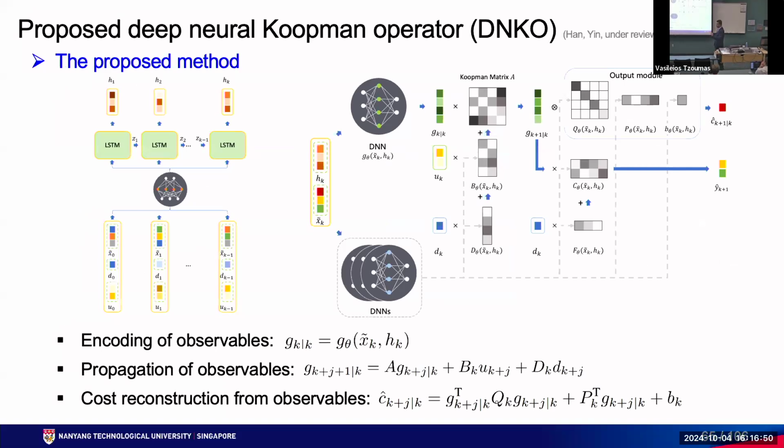Because there are fluctuations, constant B matrices and D matrices may not be sufficient. So we would like to give some flexibility to the values of the Koopman matrices. And in addition to that, we are going to handle state constraints.